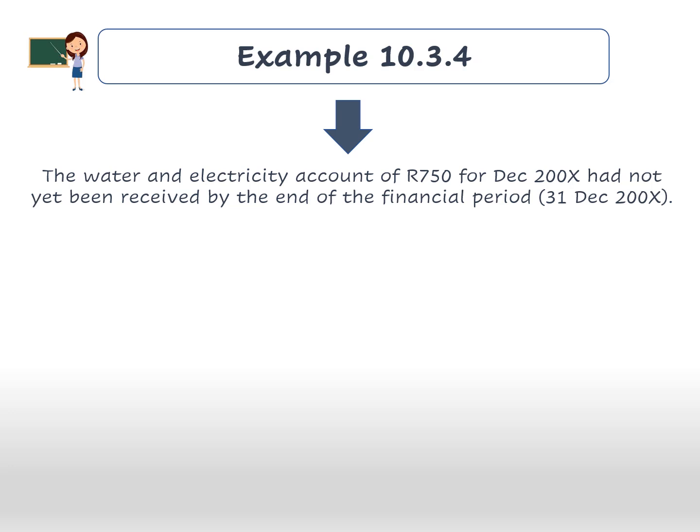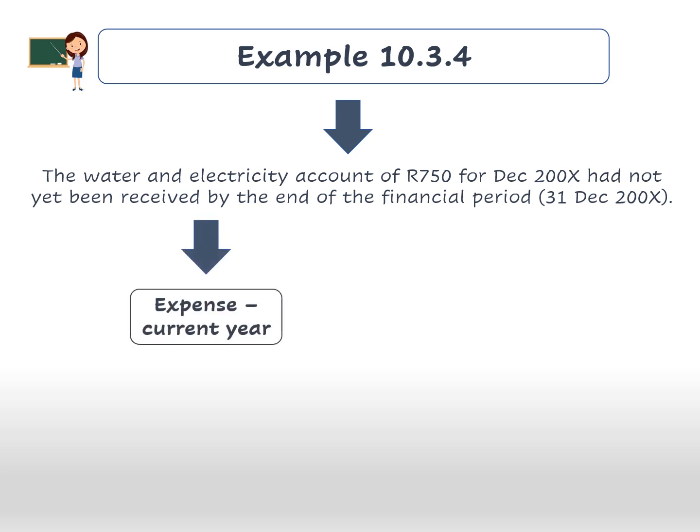So they used the water and electricity during December, which falls within the current financial year. So they have incurred that expense through the use of the water and electricity, but it has not yet been paid, so it is owing to the municipality. So the expense for the current year is then that amount of the account, which is 750 Rand.